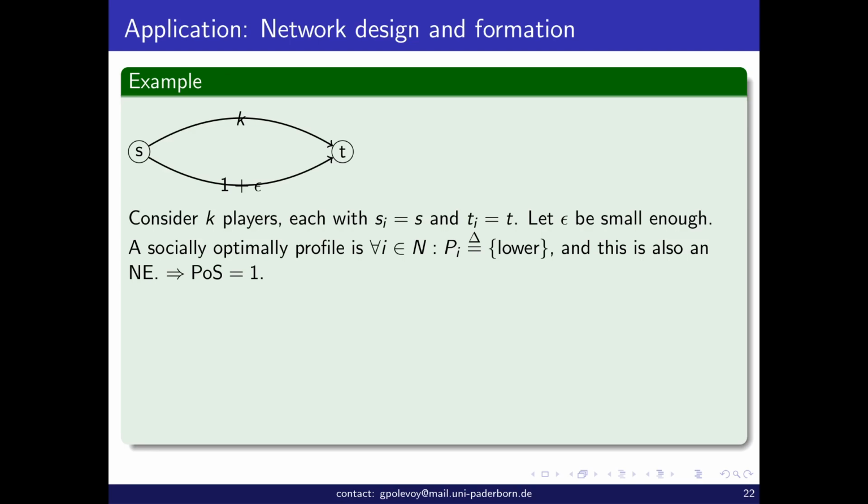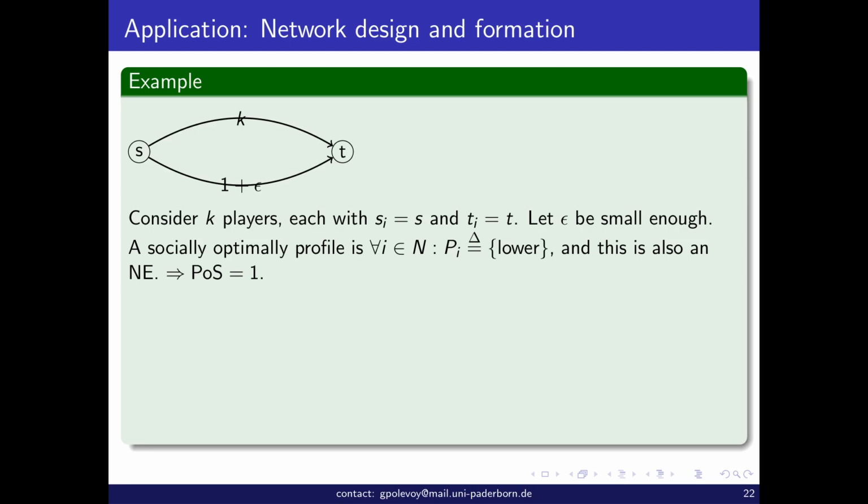Otherwise, the cost is going to be at least K, and since epsilon is small enough, for any K which is at least 2, it's better to choose the lower edge for everyone. So that's the social optimum profile. That's also a Nash equilibrium, because given that profile, no player would like to deviate and play K instead of paying 1 over K of 1 plus epsilon, which is approximately 1 over K. So there is a socially optimum Nash equilibrium, therefore the price of stability is 1.